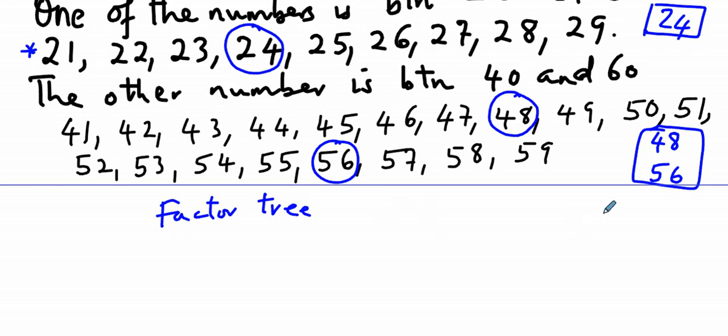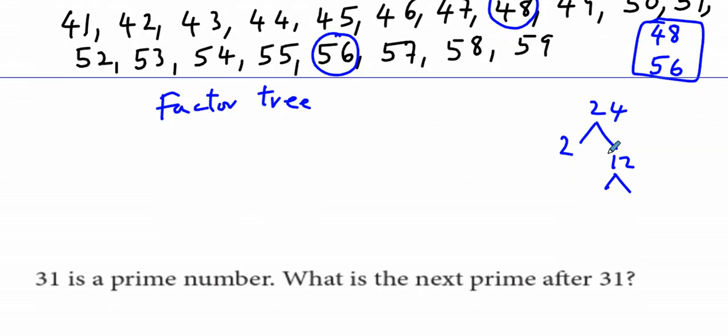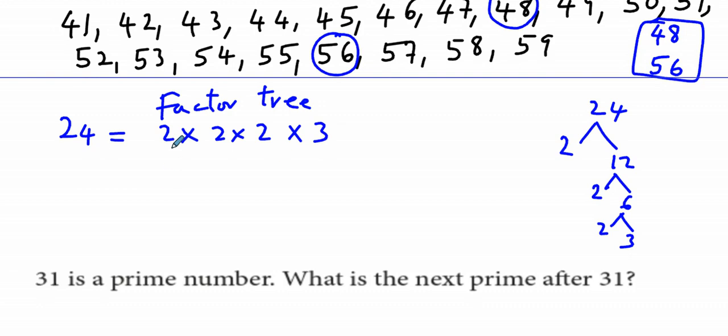So let us start with 24, for example. What are the factors of 24? This goes by 2 is 12. This goes by 2 again. By 2 this is 6, and lastly this is 2 times 3. So 24 will be equal to 2 times 2 times 2 times 3.